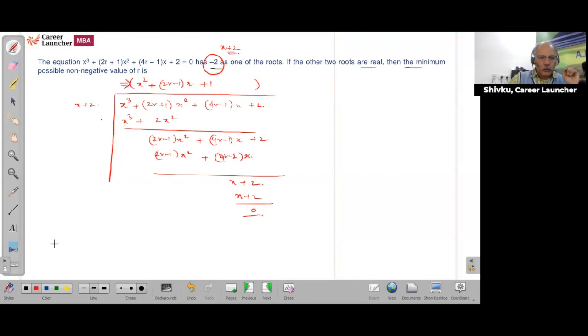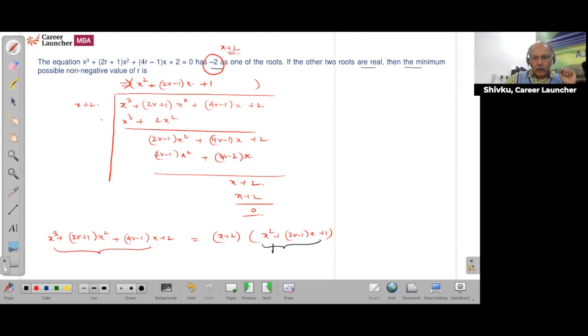This is the quotient. So what it basically means is x cube plus (2r plus 1) into x squared plus (4r minus 1) into x plus 2, which is our original polynomial, can be factorized and written as (x plus 2) into (x squared plus (2r minus 1) into x plus 1). Now, according to the question, the roots of this are real.